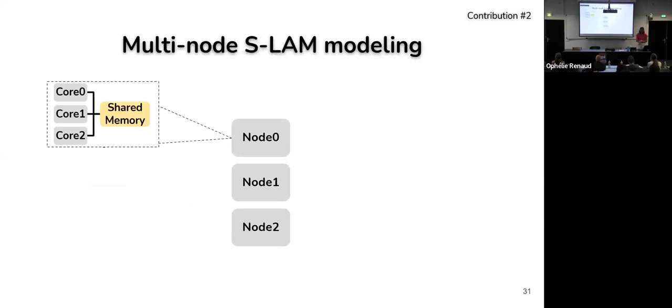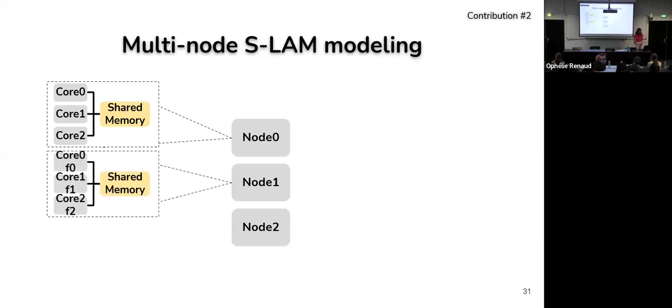To do so, we take advantage of the SLAM model to represent homogeneity. A node is homogeneous if all processing elements share the same characteristics. In opposition, a node is heterogeneous if the processing elements don't share the same characteristics.